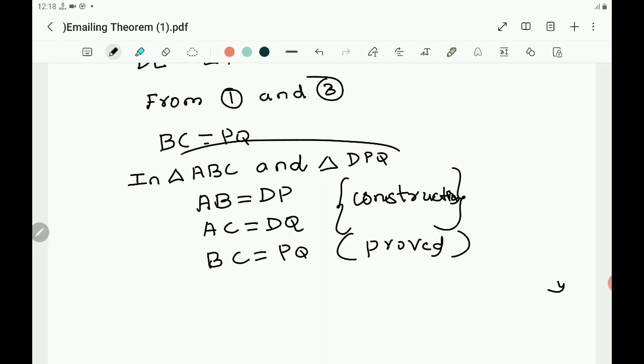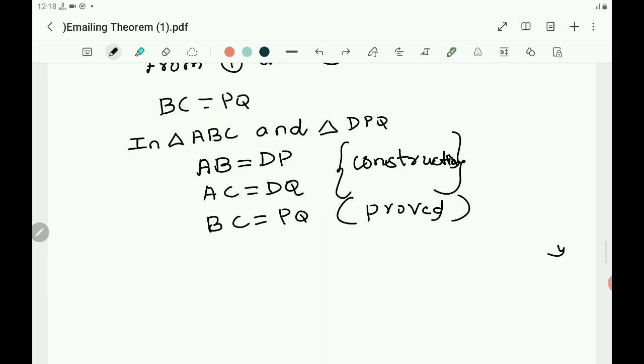Now you write these two triangles are congruent. Which are the two triangles? Triangle ABC is congruent to triangle DPQ according to SSS congruence rule. Therefore you write triangle ABC congruent to triangle DPQ according to which congruence rule?